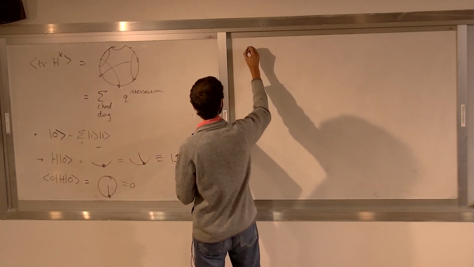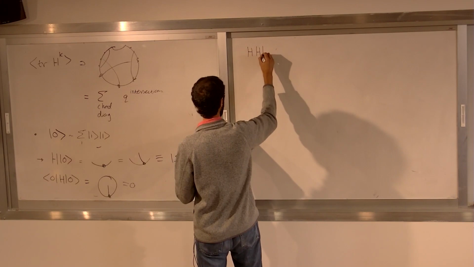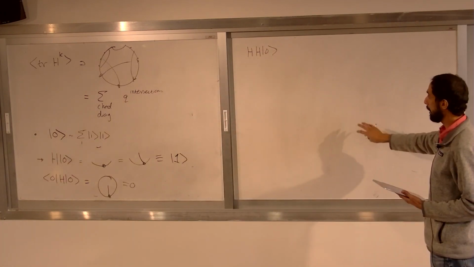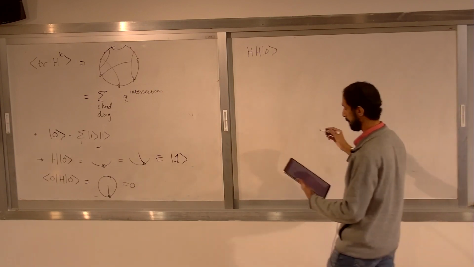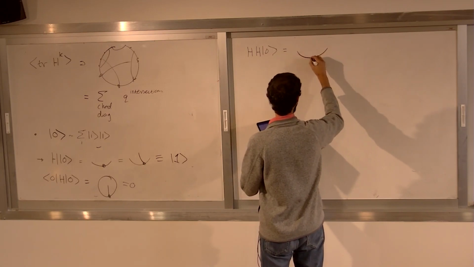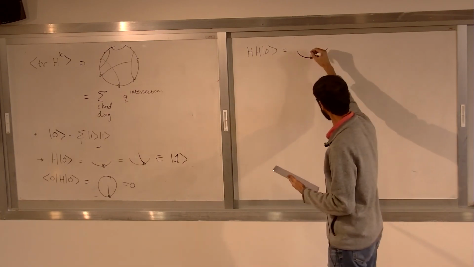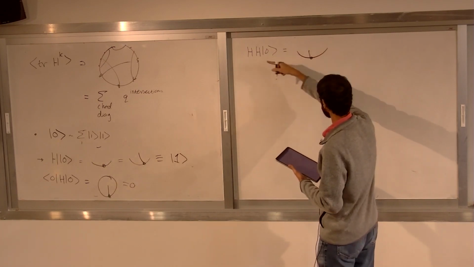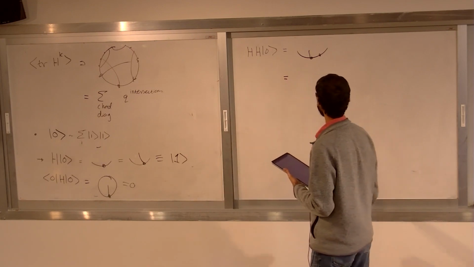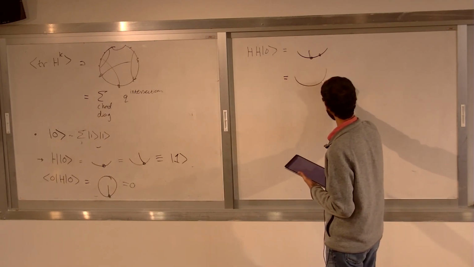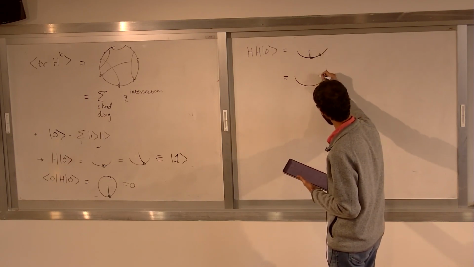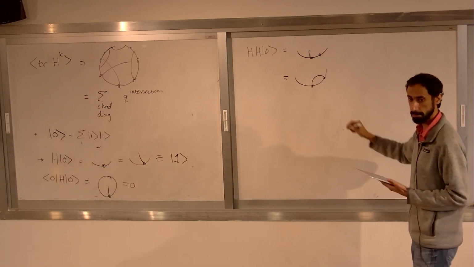Suppose now you act with h squared. So h on 0. Again, just like what we did in the part that I erased, I'm always going to go to the right. So we had one chord, that's h on 0. Now I'm going to insert another h, and there are two things that can happen. One thing is that the second h creates a chord here, and that chord contracts with the old chord.